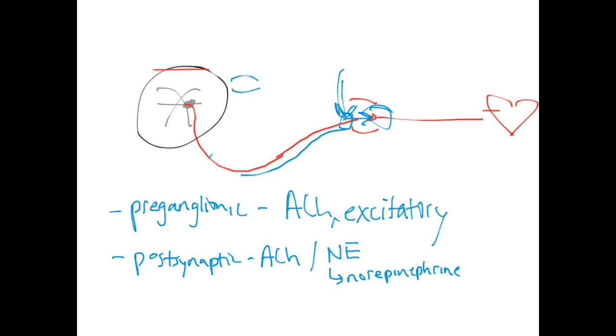And here at this postganglionic neuron, our postganglionic neuron can either release acetylcholine or this new neurotransmitter that we're talking about, norepinephrine.